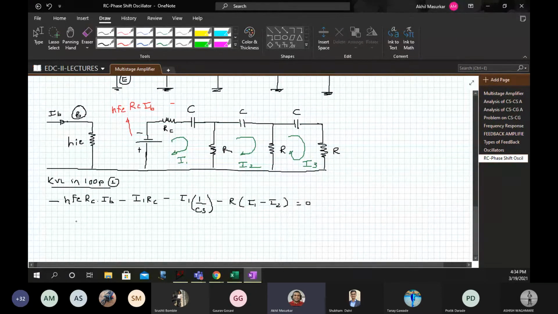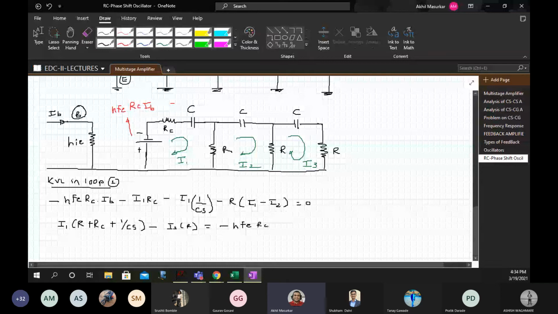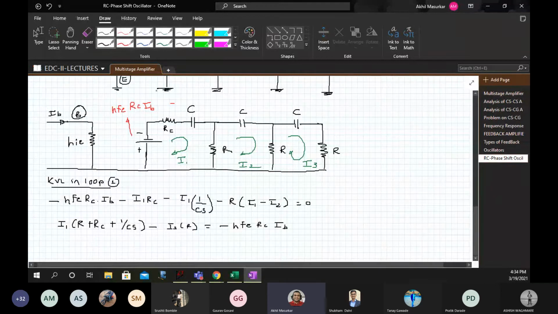So what you can do here is solve this and write I1 into R plus RC plus 1 by CS, minus I2 into R is equal to minus HFE RC into IB.